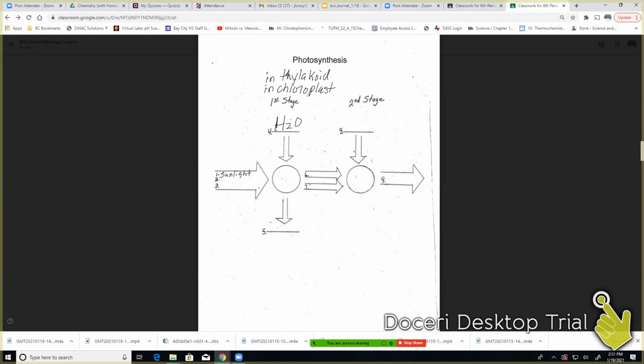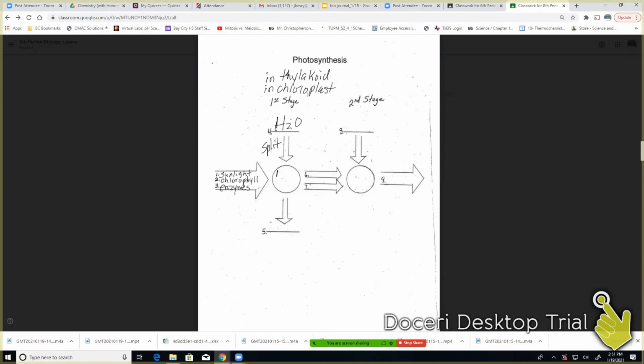Number 2 is chlorophyll and enzymes. The water is split because the reaction needs the hydrogen.